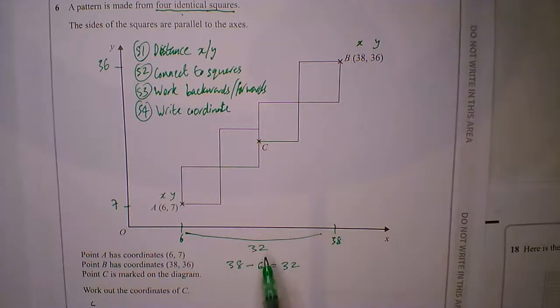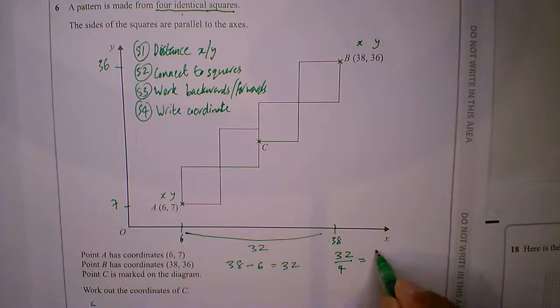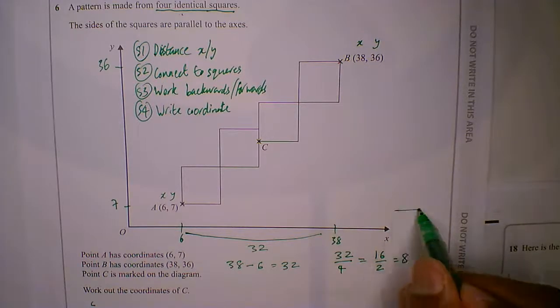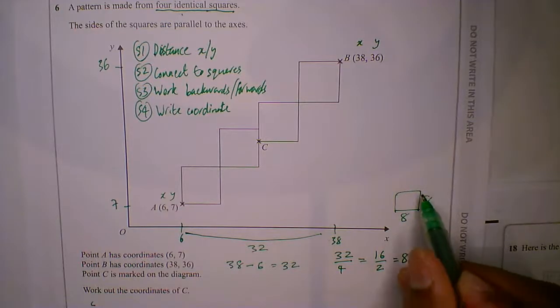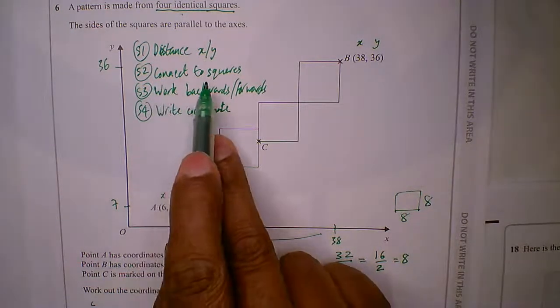That distance is 32. So the distance of one square must be, I must divide this by 4. 32 divided by 4 is the same. I can half this, 16 over 2, and half it again, which is 8. So each unit of this square must be 8. 8 and 8. So I've connected it to the squares.